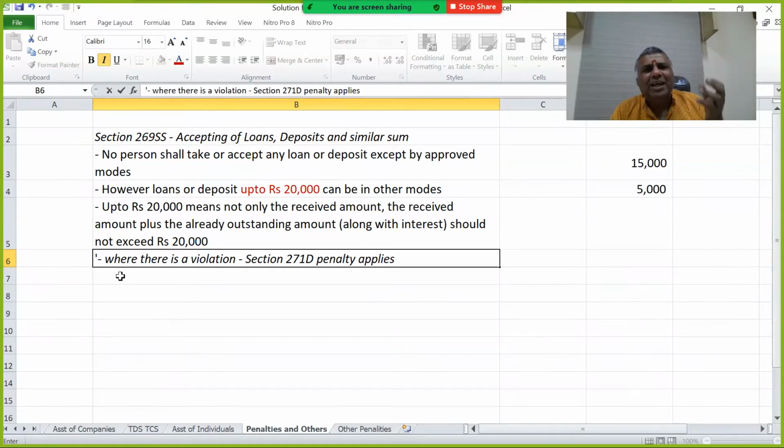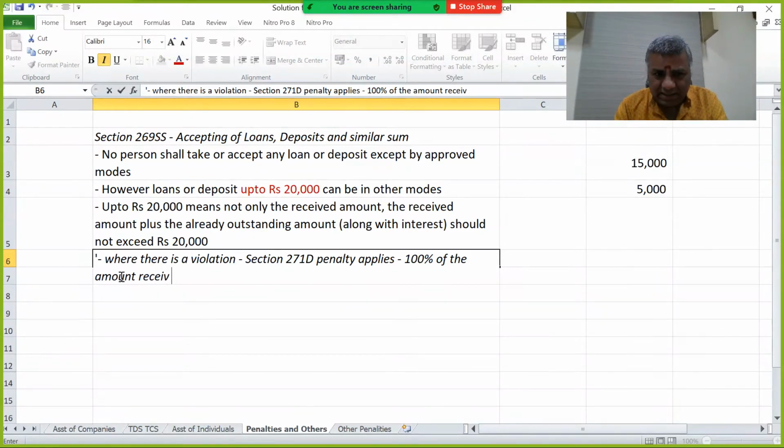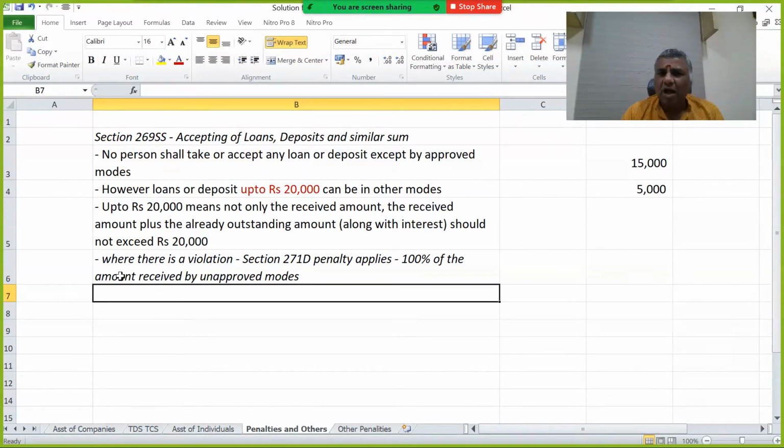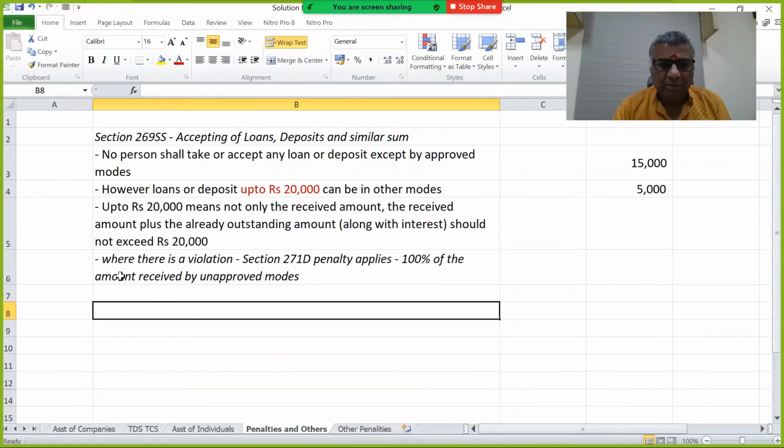The penalty is 100% of the amount received by unapproved modes. So I am not supposed to receive; if I receive, then it is a violation.